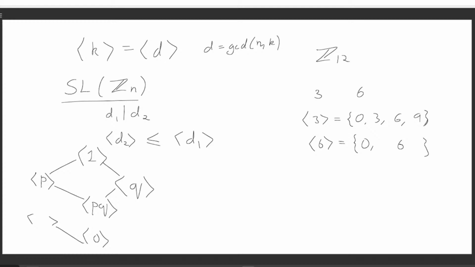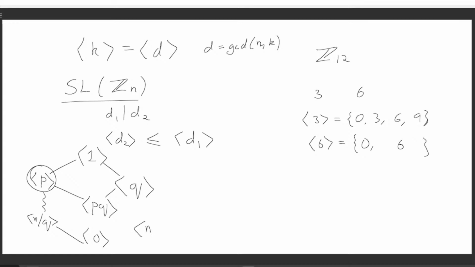One of them is the subgroup generated by p, and the subgroup generated by n by q, because n by q will be contained in the subgroup generated by p. Why? Because when you divide n by q, it is a multiple of p, right?